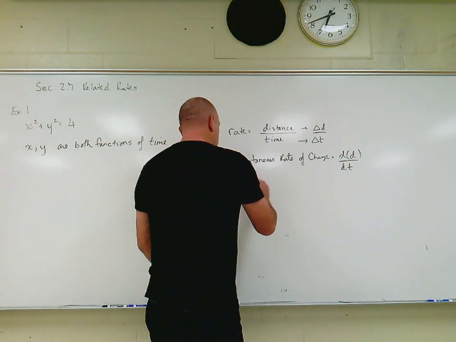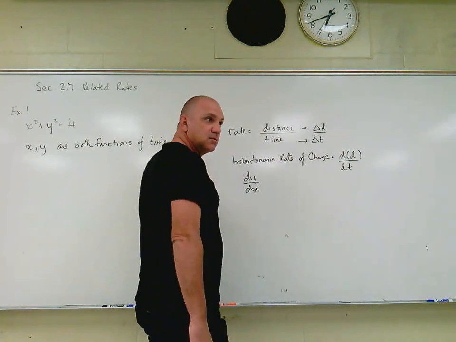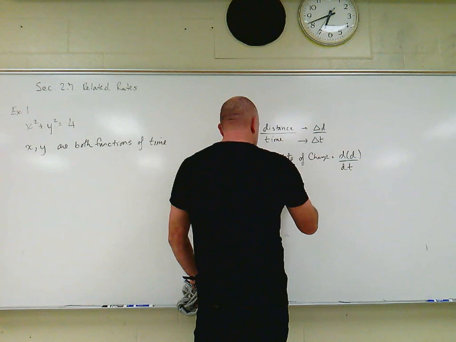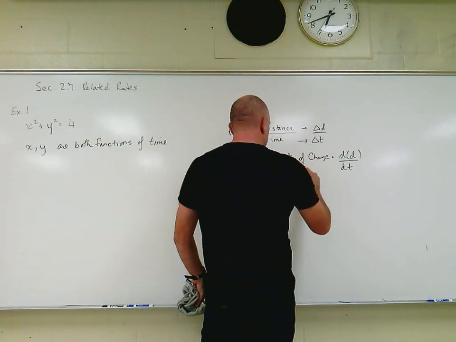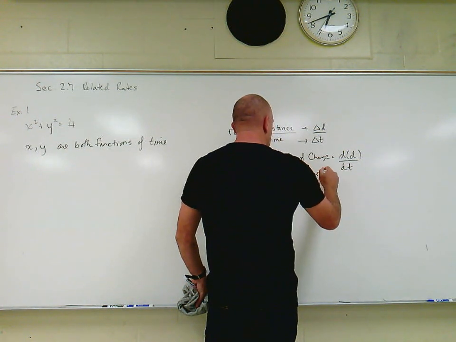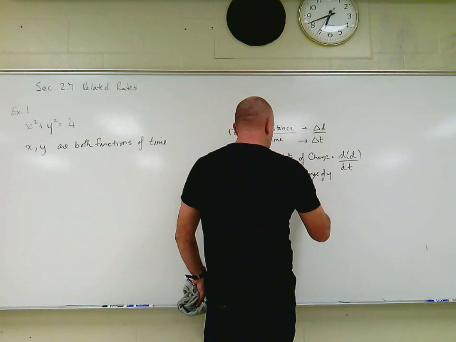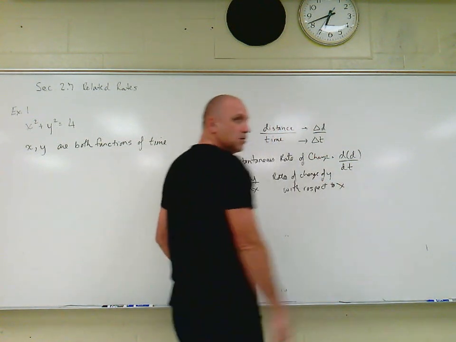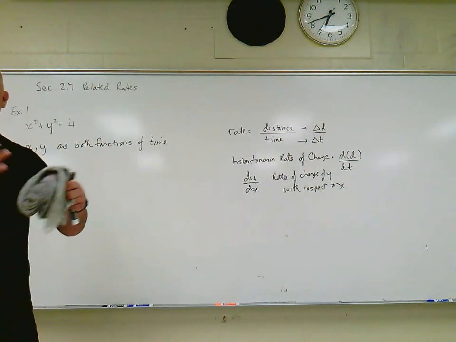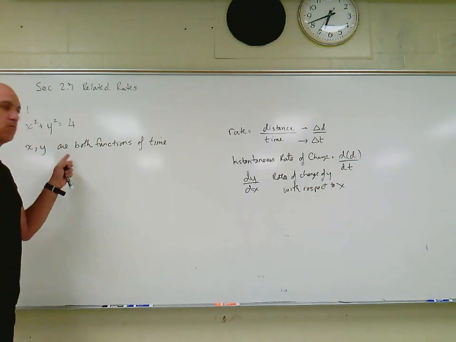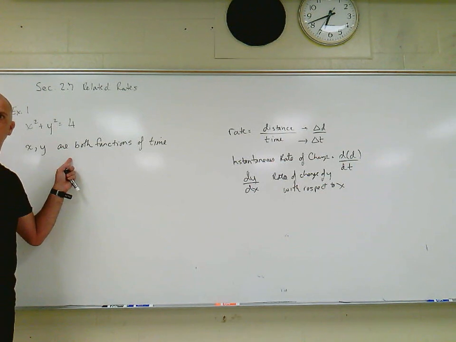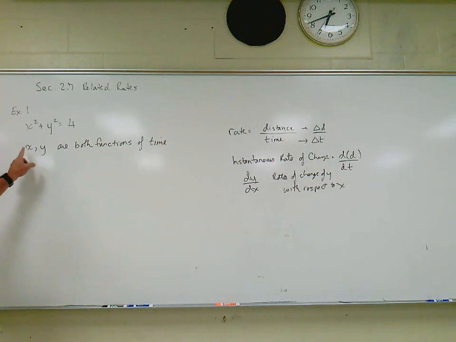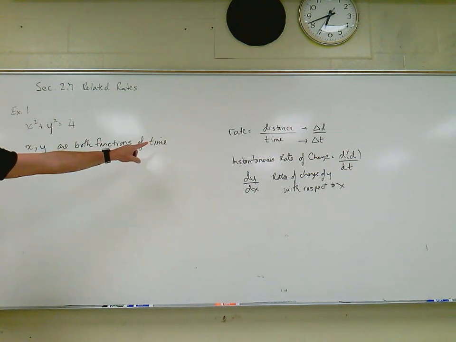It's dy over dx, right? This is the rate of change of y with respect to x, or a function of x. That's what we've been doing. But now that we get into the real world and we're looking at speed, everything's related back to time. So let me say it again: x and y are functions of t.